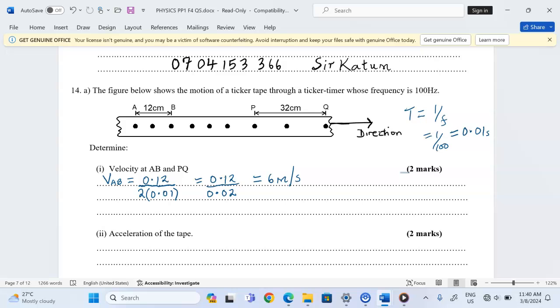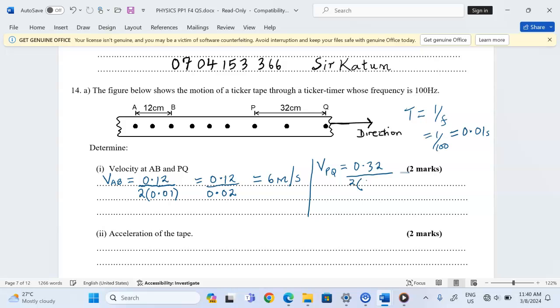Again, we'll be talking about the velocity at PQ. This will be given again by the displacement at that point, which is 32 centimeters, translating to 0.32 meters, divided by, again there are two intervals.